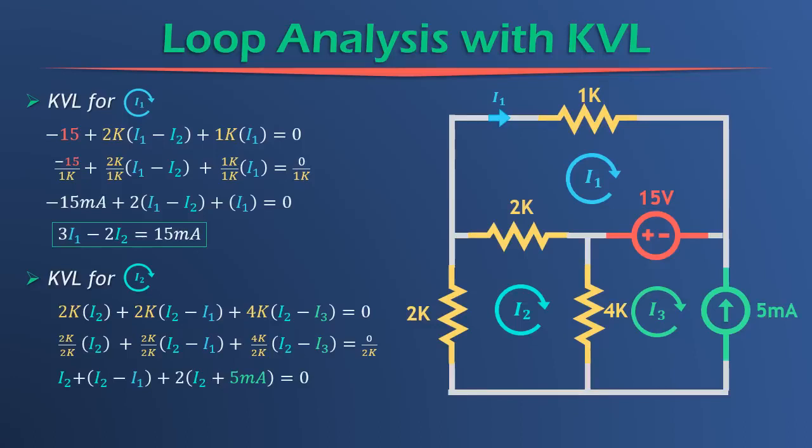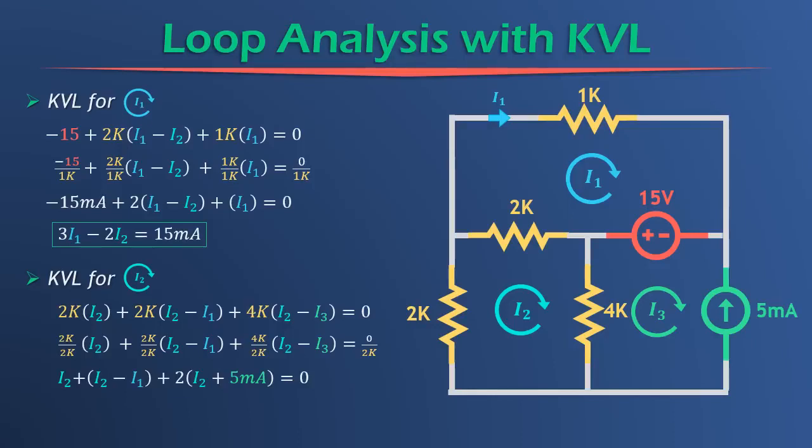And why is that? Well, you guessed it, it's because the 5 milliamp source is going in the counterclockwise direction, and I3 is in the clockwise direction. To account for that, we make I3 a negative 5 milliamps because it's going in the opposite direction of the 5 milliamp source.